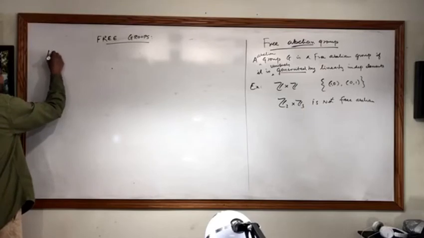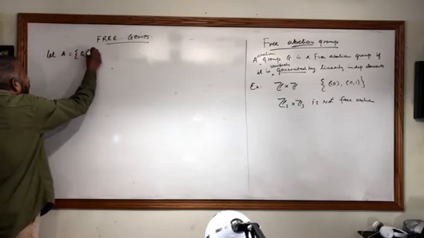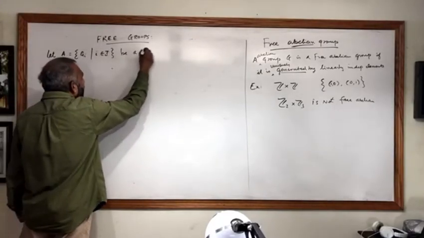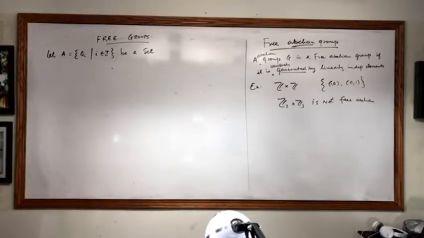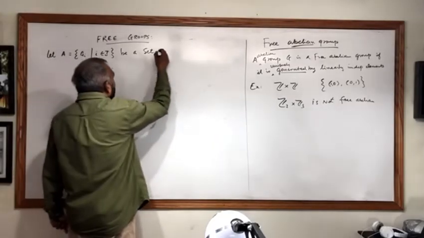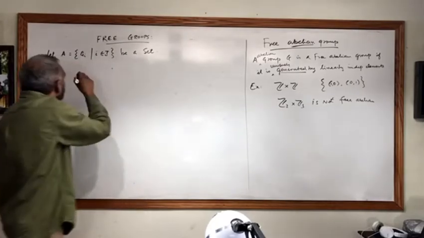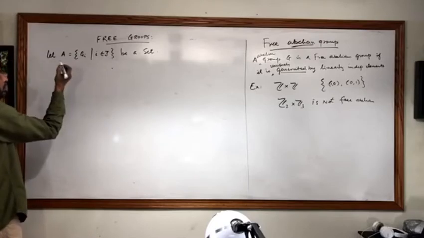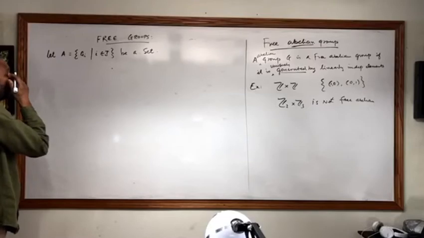Let A equal to {a_i}, i belongs to an index set, be a set. This is actually the alphabet of the group. We'll come to that later, why it is called alphabet.